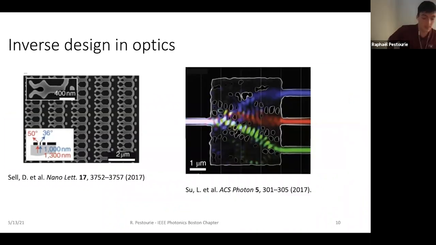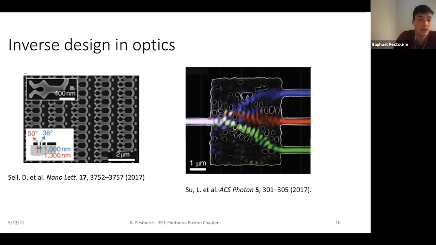And inverse design has been used a lot in optics. Here, those are two examples from a review paper about inverse design in optics. On the left, it's a paper by Jonathan Fan, and it's selecting wavelengths and sending them at different angles.